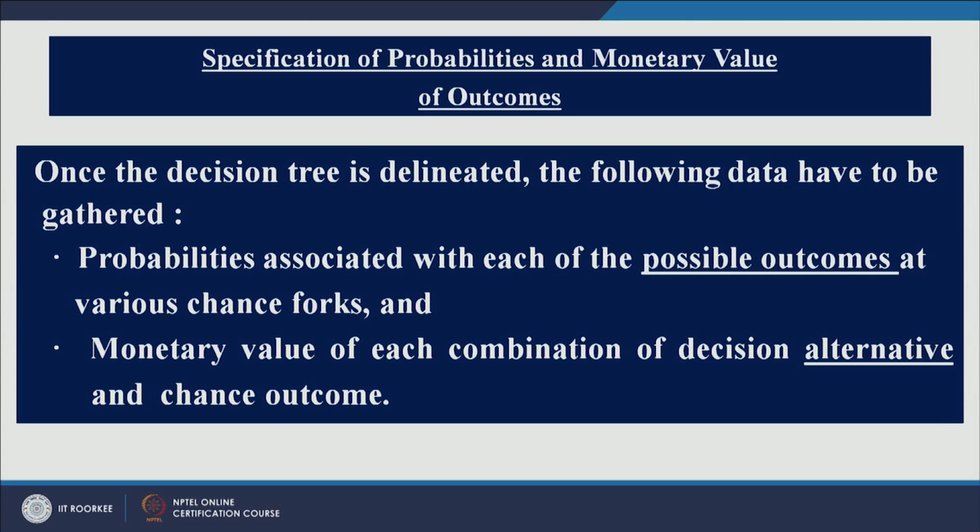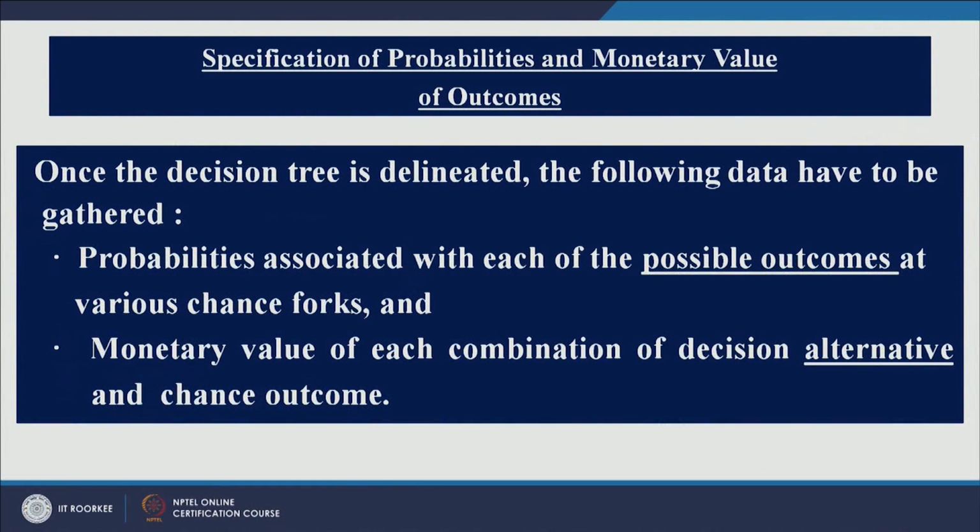Once you are done with the second step, the third step in decision tree analysis is specification of probabilities and monetary value of outcomes. As I said, once you are done with delineation of the decision tree, you need to collect the following data: the probabilities associated with each of the possible outcomes, and the monetary value of each combination of decision alternative and chance outcome.